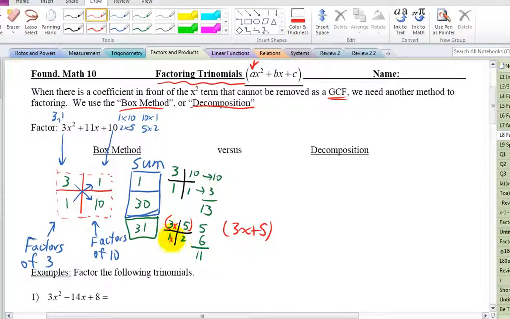Well, put an x here in the first box and put brackets. And the other factor is x plus 2. Isn't that cool? The top boxes are the factor, the bottom boxes are the factor. This box helps us check our cross multiplication so that we get 5x and 6x for a total of 11x. So it checks our x combinations. That's all it is. Just a way to quickly check our combinations.